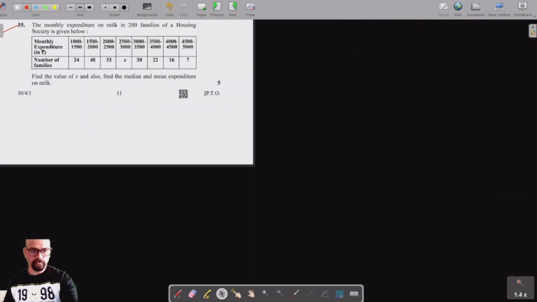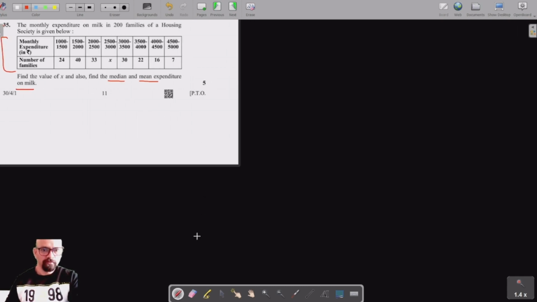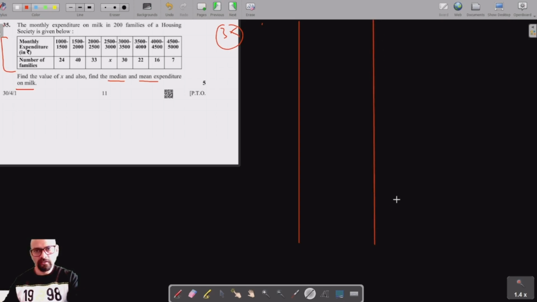Okay, for question number 35, we have to find the value of x for the given information and then find the mean and the median expenditure on milk. So this is question number 35, and let's get our class intervals.